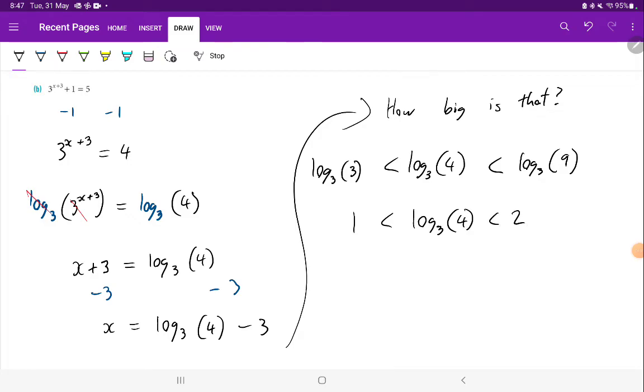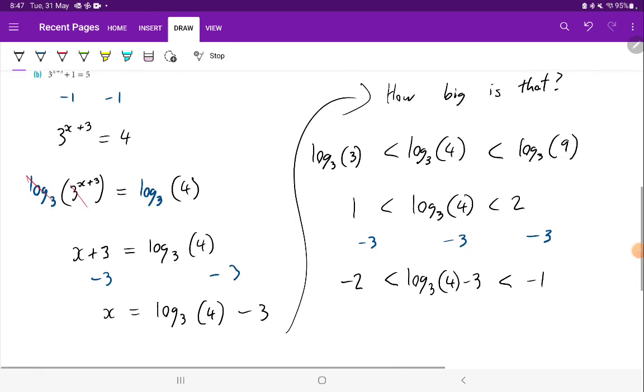Except, remember, we weren't actually solving for that, we were actually solving for that minus 3. So let's take 3 from all 3 bits of the inequality. That's going to give me -2 is less than log base 3 of 4 minus 3, which is less than -1. And so we now know that if I'm drawing this as an x-intercept, it's got to be somewhere in here. Don't know where exactly in there, but it has to be between -1 and -2.